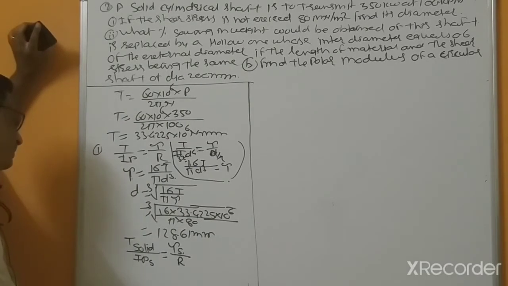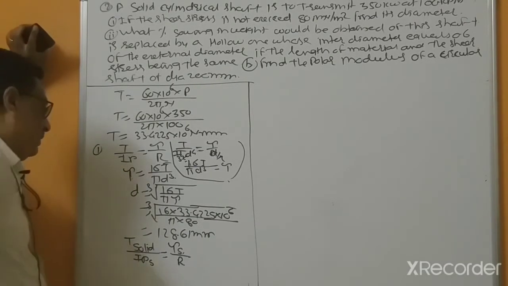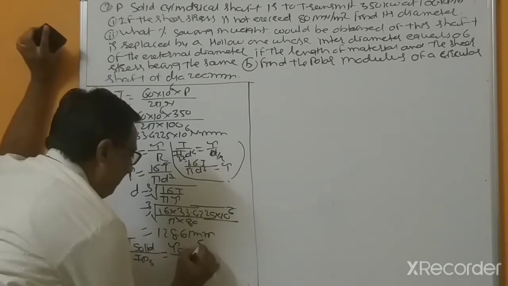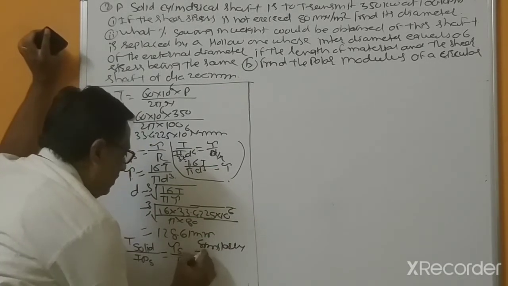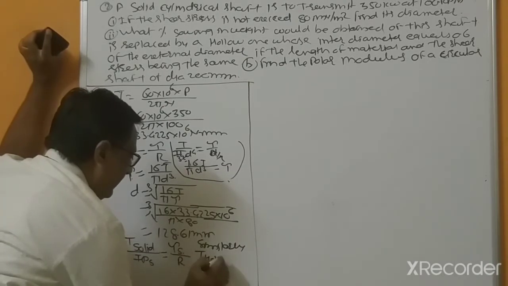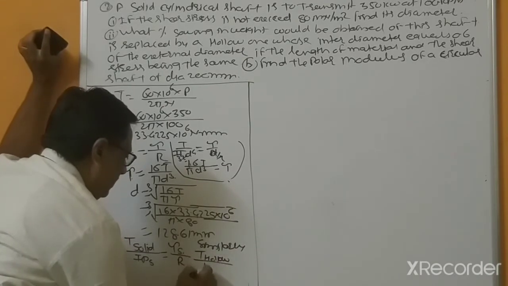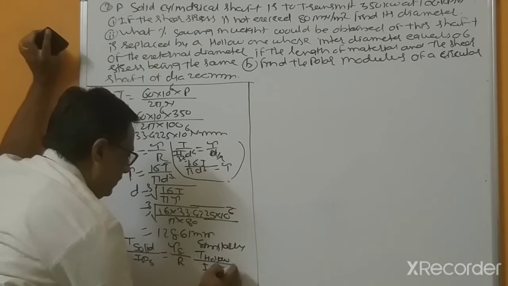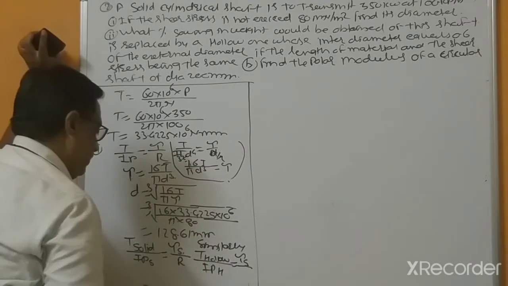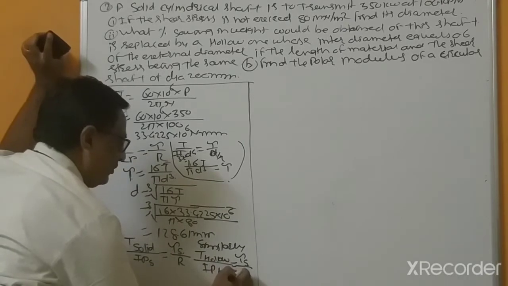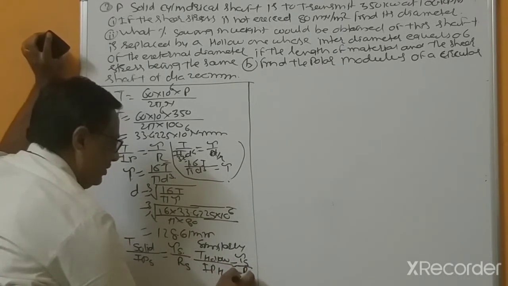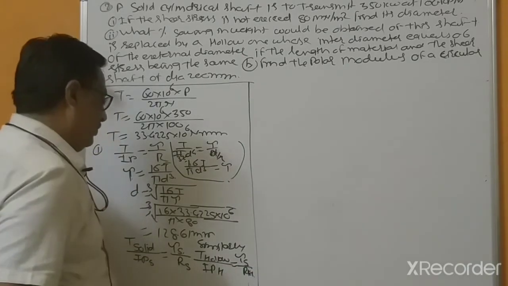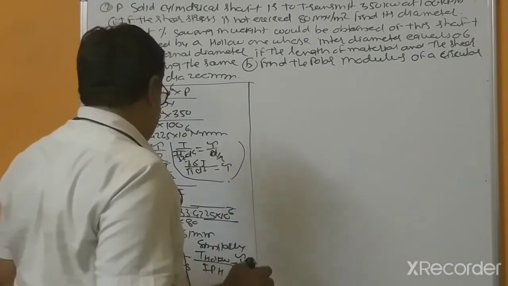This is right? Yes. Similarly, T for hollow divided by polar moment of inertia for hollow equals tau for hollow divided by R for hollow.